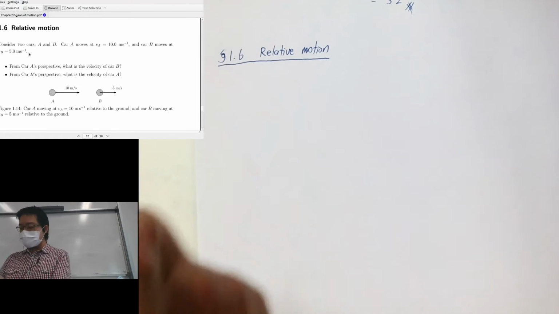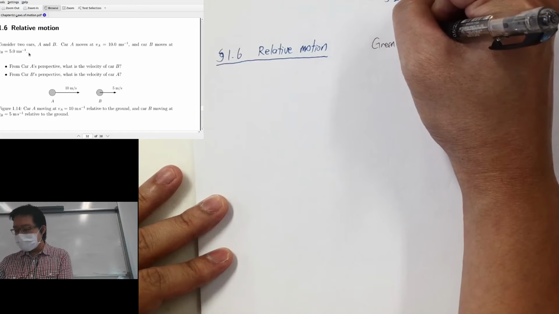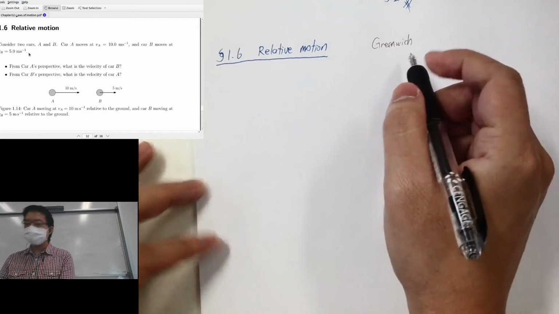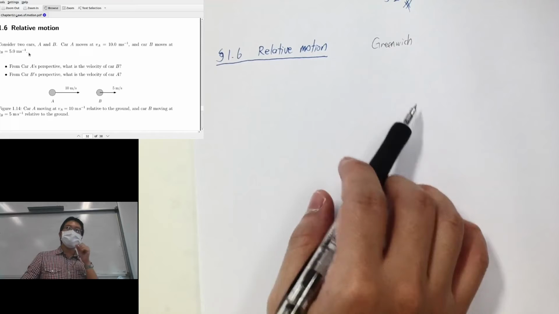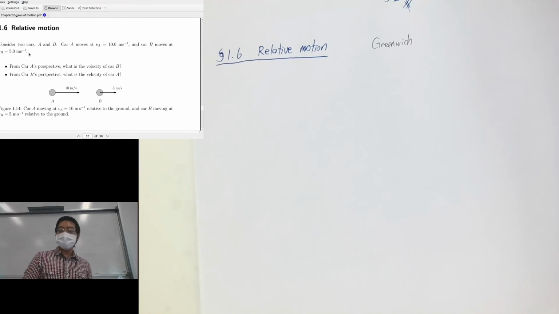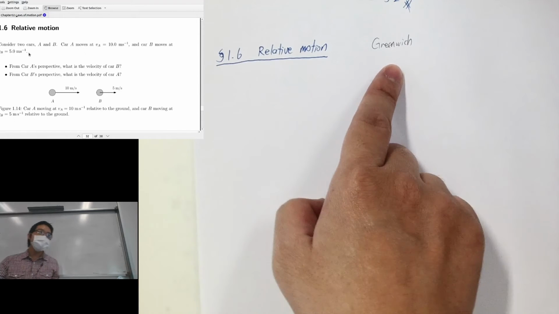I believe it's spelled Greenwich, but it's pronounced Grenich. If you ask a British person, he will say Grenich. Greenwich Mean Time and things like that. So the zero coordinate for our GPS system is in Greenwich, somewhere in England.